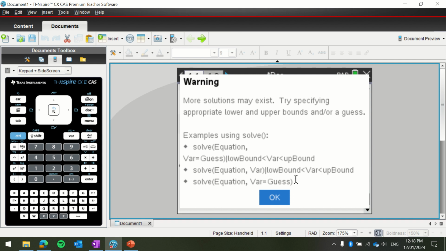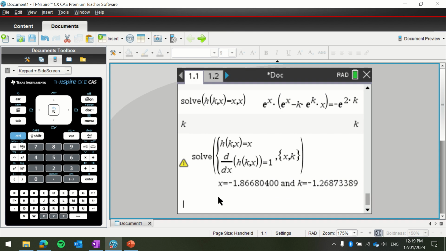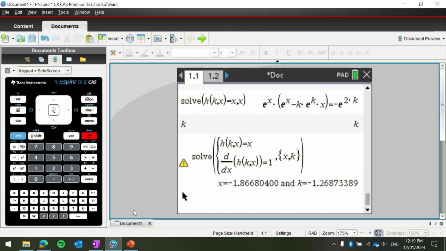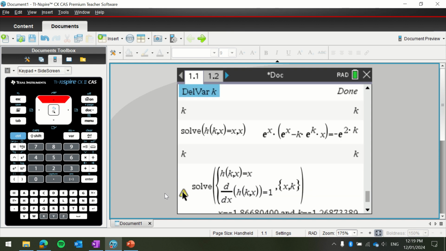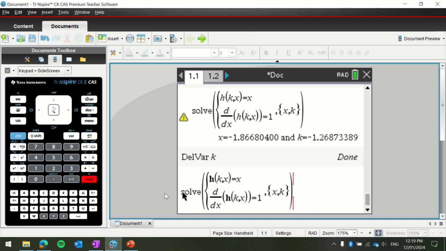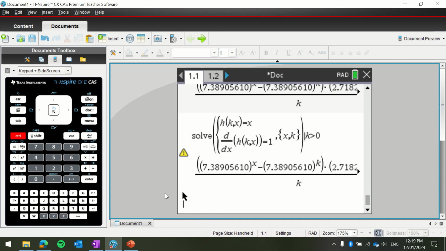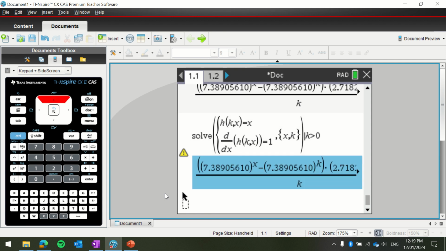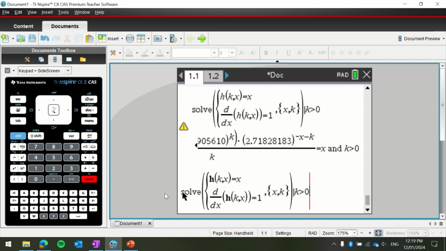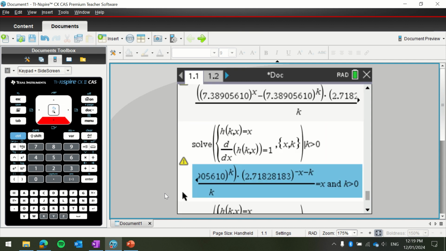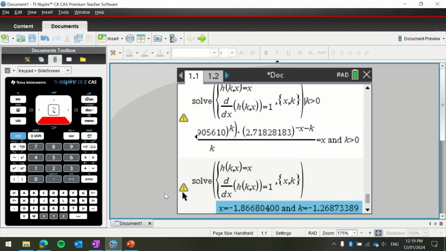Let me try that. Yeah, that's not going to work. I'm not sure how to specify domain in hybrid function, sorry, in simultaneous equation.